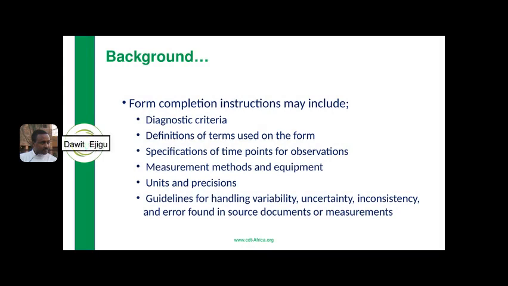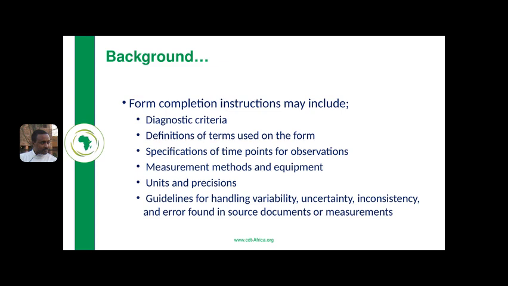The CRF completion guidelines may include instructions such as diagnostic criteria and hence facilitating the correct inclusion and exclusion criteria. They also define terminologies used in the CRF and hence help the form completers to understand the terminologies.